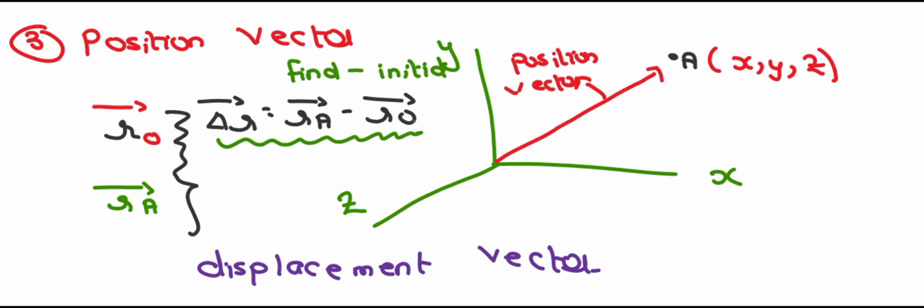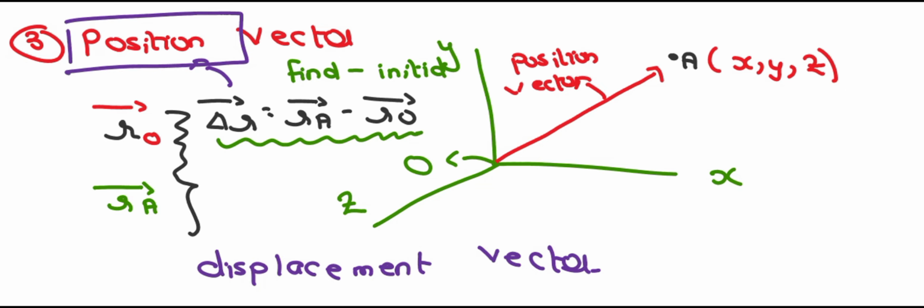RO is the initial point, and RO is nothing but the origin. And RA is the location of a point in space. So delta R is the position vector from the origin. That's why delta R is equal to RA minus RO.